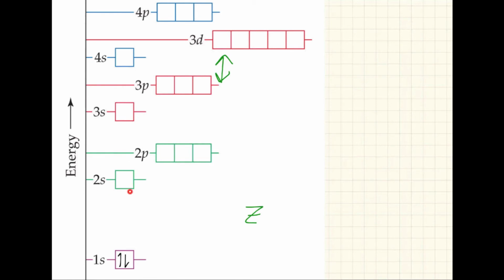Now, so will my 2s orbital. My 2s orbital will get lowered in energy for exactly the same reason. But here's the trick. The trick is that the 2s orbital is bigger, isn't it? We already discussed that.